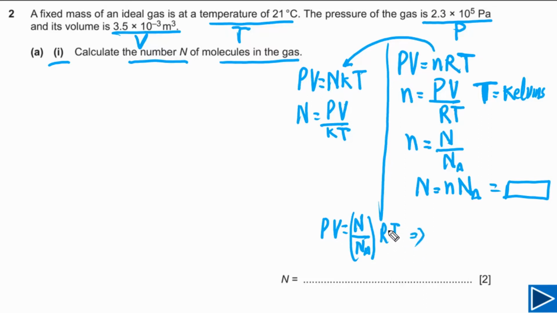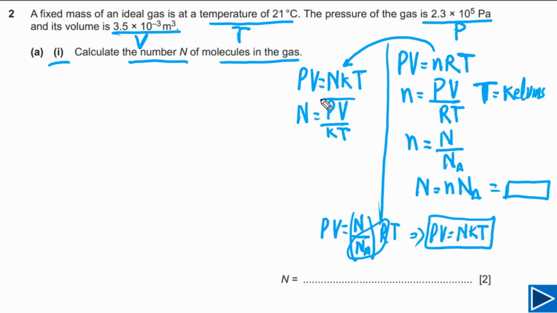From here, we can also understand that R over Na is equal to another constant. So we can write PV equal to N times R divided by Avogadro's number. The gas constant divided by Na is equal to the Boltzmann constant. So simply we can write PV is equal to NkT. This is how you can convert this equation into this one.